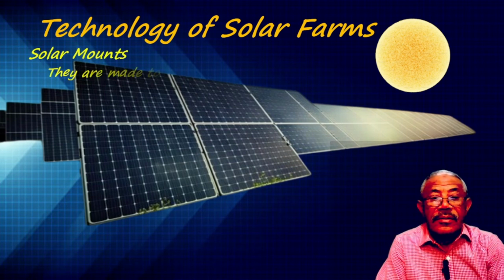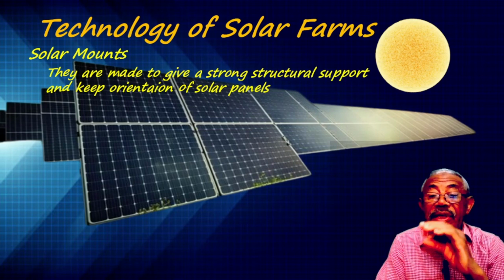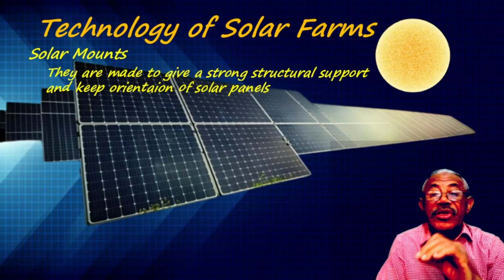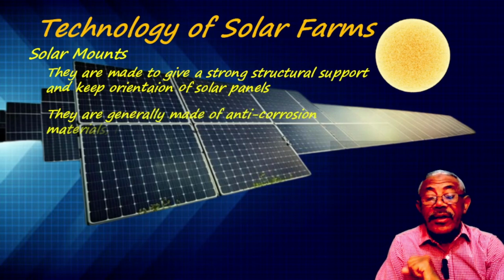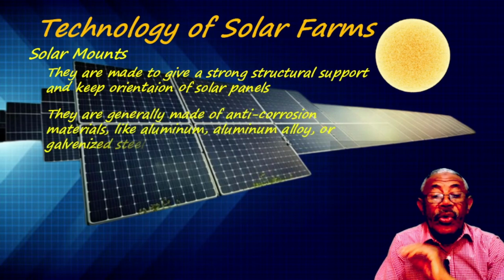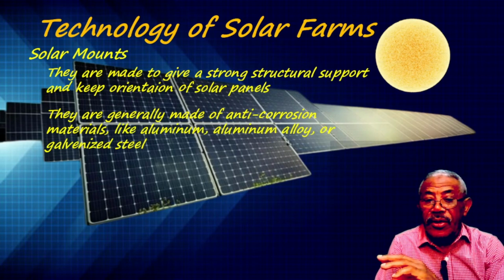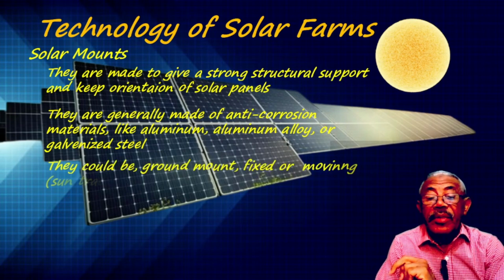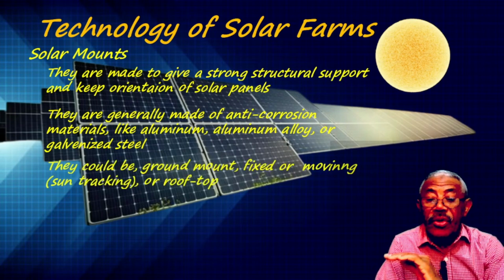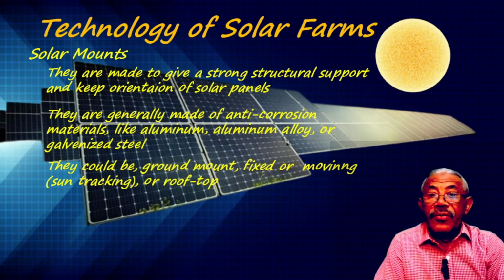Solar mounts. They are made to give a strong structural support and keep orientation of the solar panels. They are generally made of anti-corrosion materials like aluminum or aluminum alloys or galvanized steel. They could be ground mount, fixed or moving, and sun tracking, or rooftop mount.